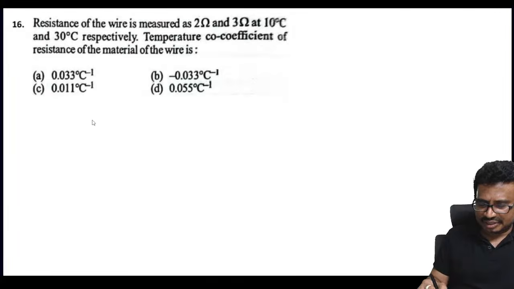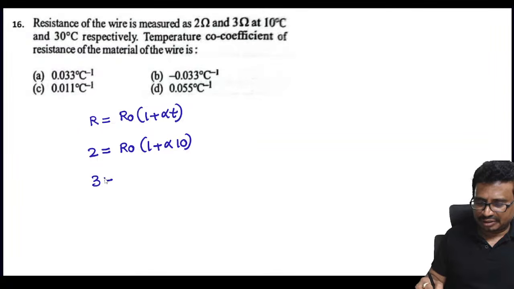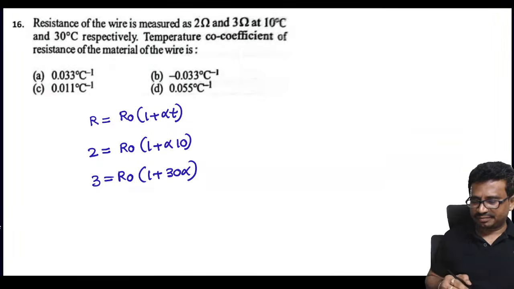Resistance variation R is equal to R naught into 1 plus alpha T. So 2 equals R naught into 1 plus alpha into 10, and 3 equals R naught into 1 plus alpha into 30.